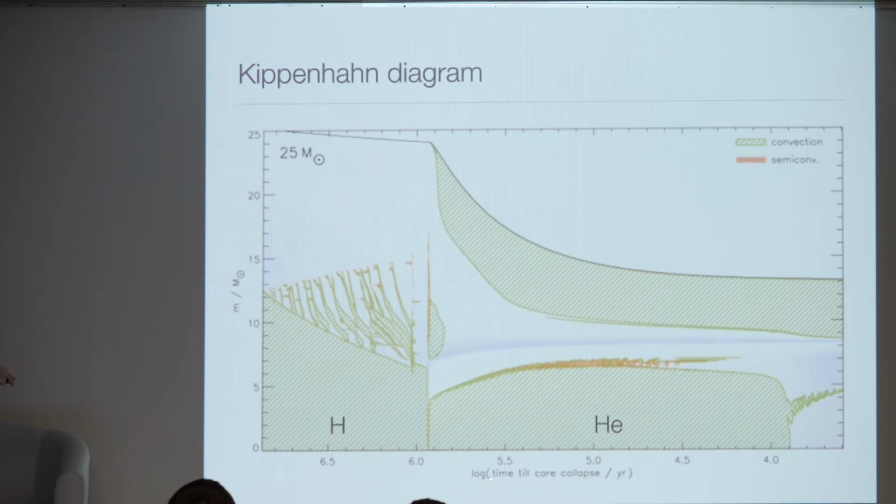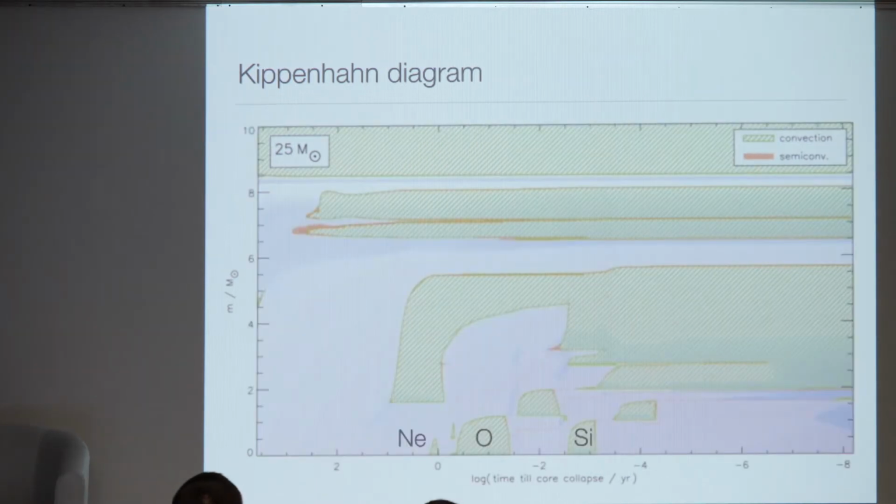Note that this is in logarithmic time scale, so most of the stellar life is dominated by the hydrogen burning phase, and then helium burns. I will come back to mass loss, but much of the mass is lost during this phase where the temperature is low, and this will just continue to the end.